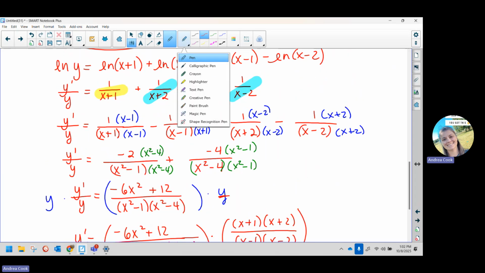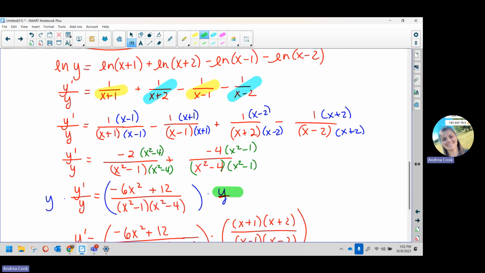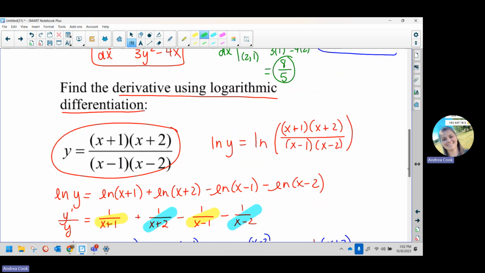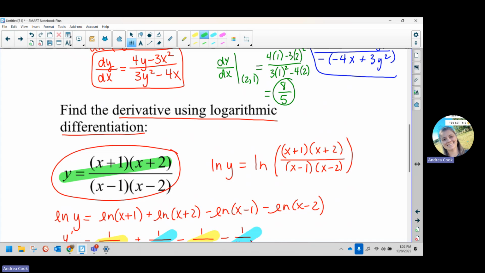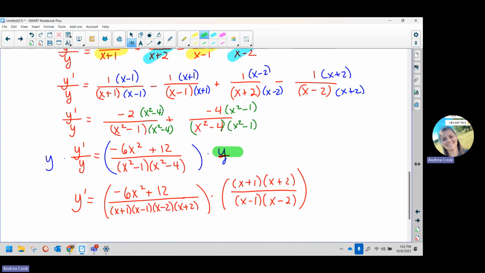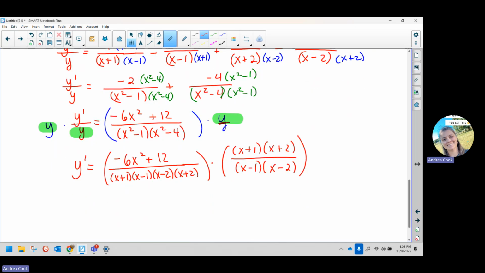Okay, this y right there, where did it first come from? It's over here. It was y prime over y, so I had to multiply both sides by y. So why would I do that, other than it's fun? Some things are going to cancel. So what can I cancel?